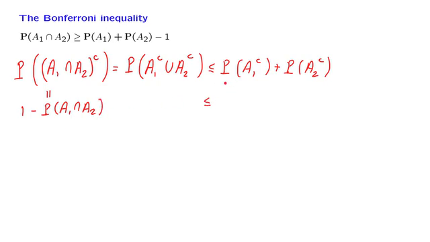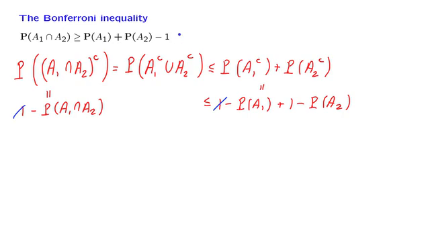And we do the same thing for the terms that we have here. This probability here is equal to 1 minus the probability of A1, and this probability here is equal to 1 minus the probability of A2. And now if we take this inequality, cancel this term with that term, and then move terms around, what we have is exactly this relation that we wanted to prove.